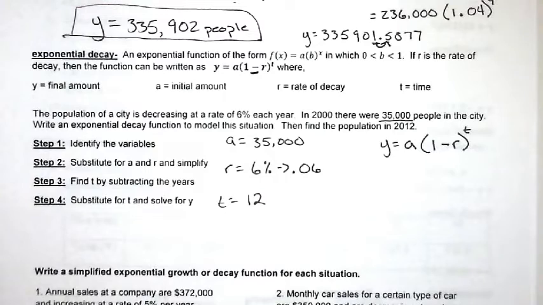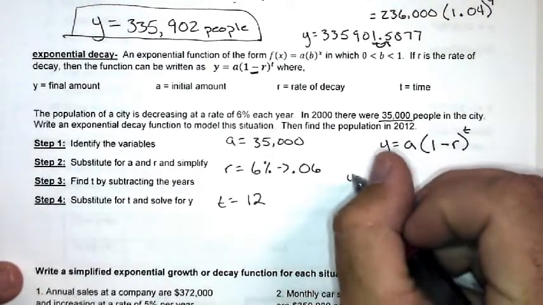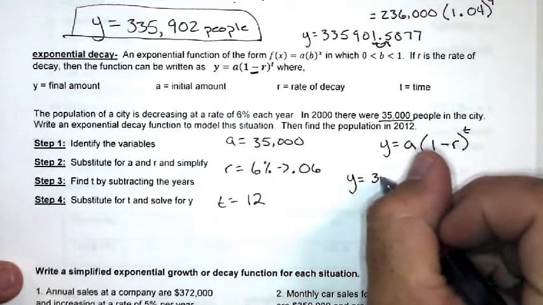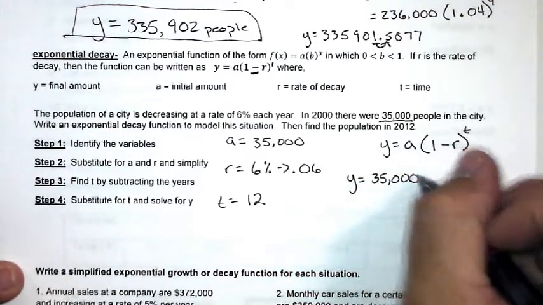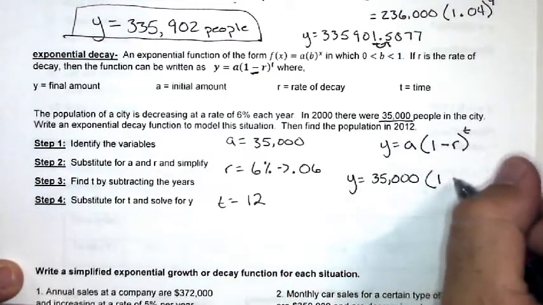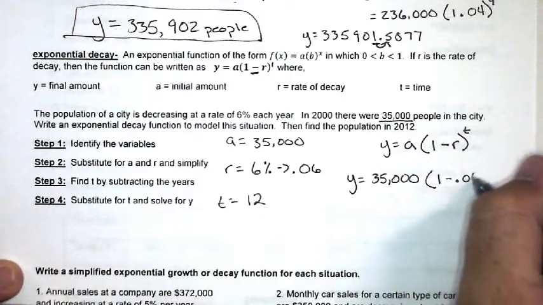Do I have enough to substitute and simplify? Yes, thank you, Tim. Glad someone said yes. So I have y equals 35,000 times (1 minus 0.06) to the power of 12.